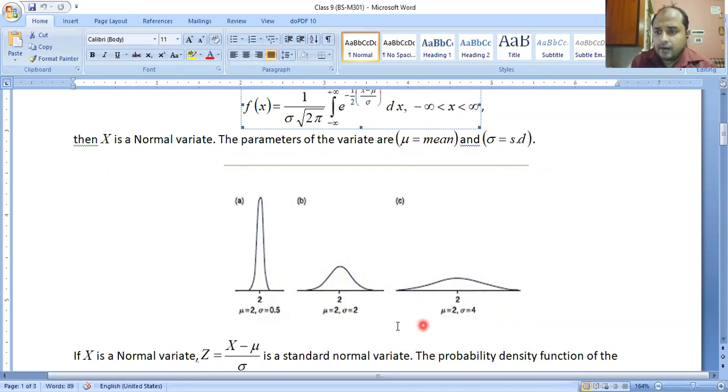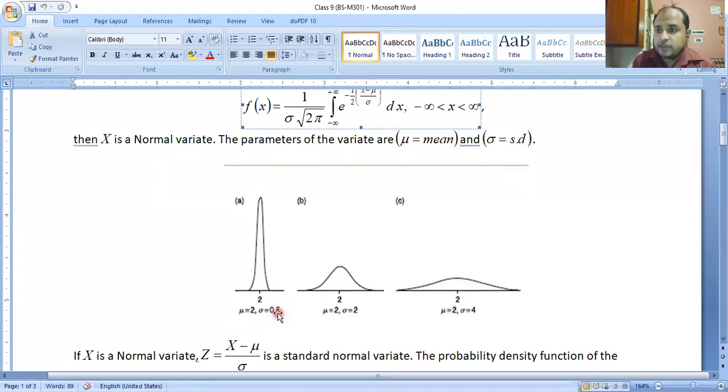Why is this happening? In each of these diagrams, the middle value 2 is fixed. Mu is 2 here, here also and here also. But what is changing is the standard deviation.